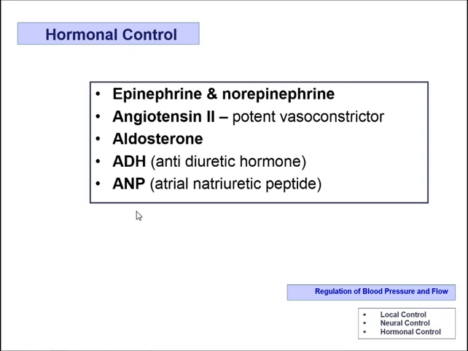This is the only hormone we're talking about that's released in response to high blood pressure. And again, it's going to go to the kidneys, bind to special receptor sites there, and encourage those cells to remove sodium from the blood, from the plasma. Water will follow, and so it will increase the volume of urine, decreasing the volume of blood. If we decrease the volume of blood, we're going to decrease the pressure of blood.